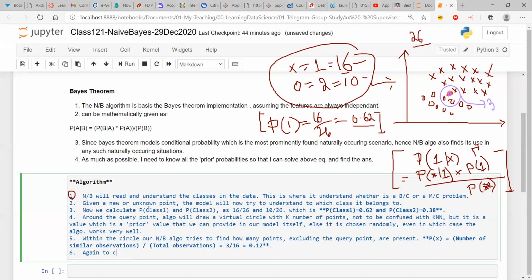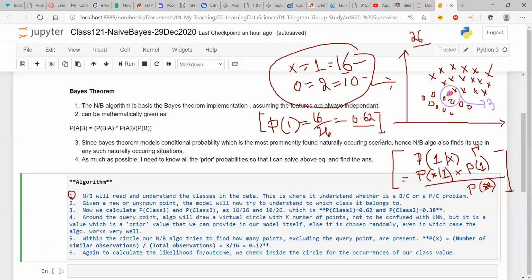To calculate the likelihood function, we check inside the circle for the occurrences of our class value. If we are talking about the probability of class 1 given x, then we are looking at how many points inside this circle are for class 1, or how many are for class 2.